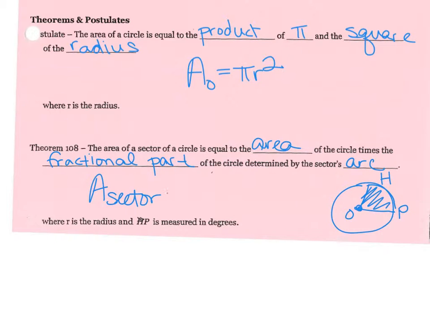So the area of sector HOP is equal to the measure of arc HP divided by 360 times the area of the circle, which is pi r squared. And r is going to be representative of the radius. Arc HP is the measure in degrees.